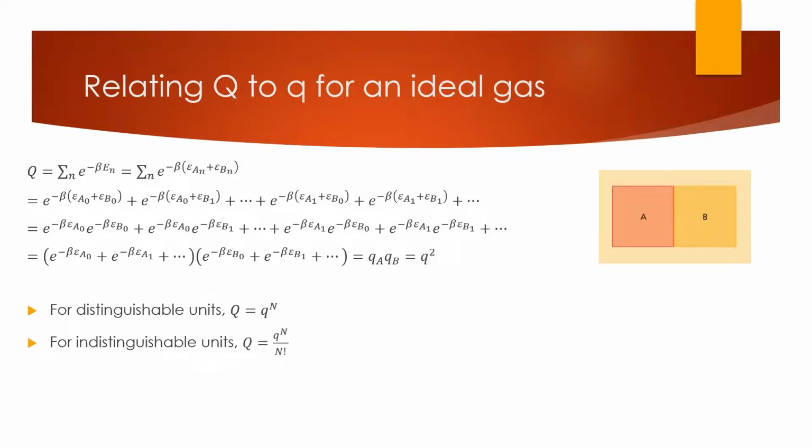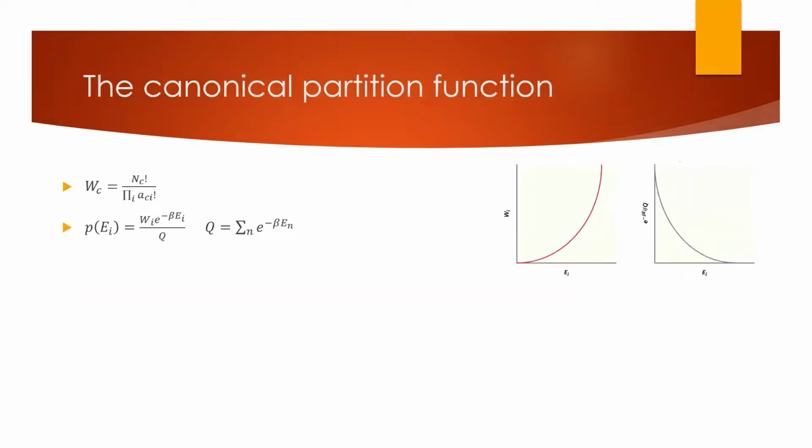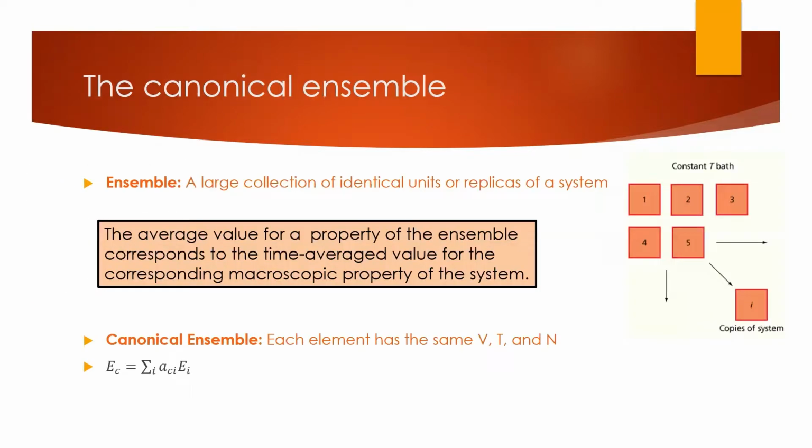So why is this important? Well, how do we define our canonical ensemble? We can go back a couple slides here. We define the canonical ensemble as each element having the same volume, temperature, and number of molecules. There's no set definition for what the volume, temperature, and number of molecules can be.